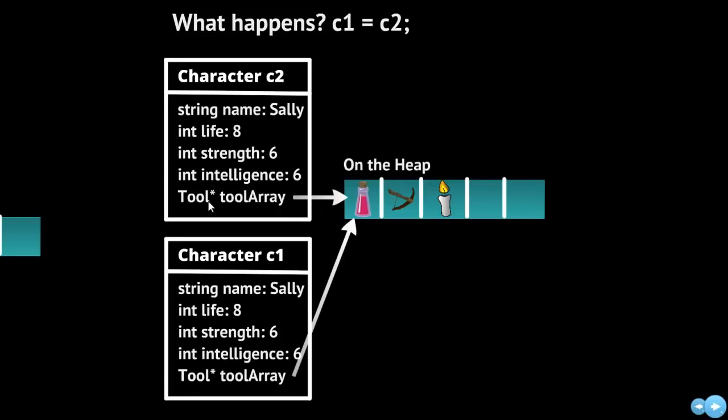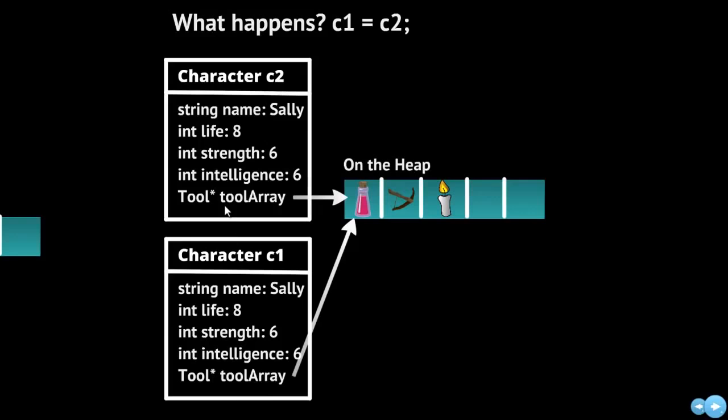So we can imagine creating a new tool array out on the heap, and what's actually getting copied is exactly what's stored in that tool pointer, which is an address. So that address is being copied over. Whatever the address may be for the space out on the heap in C2 is getting copied to C1.